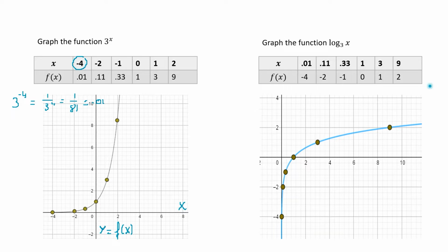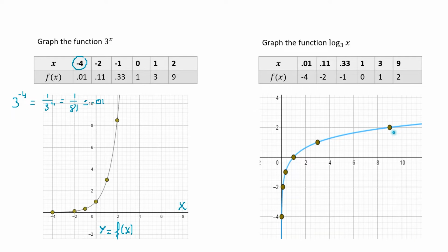So you can see there are my points. Yes, it is a curve, but it looks a little bit different to the curve of 3 to the power of x. So you can see I have 0.01 and -4, 0.11 and -2, 0.33 and -1, 1 and 0, 3 and 1, and then we have 9 and 2.